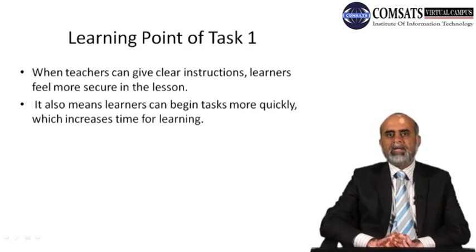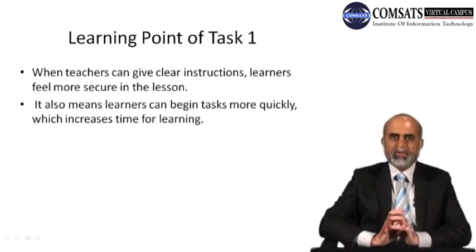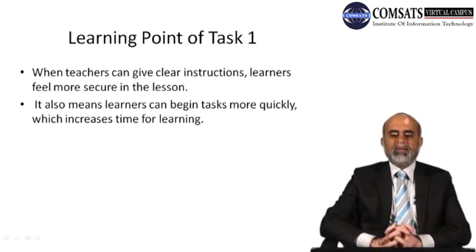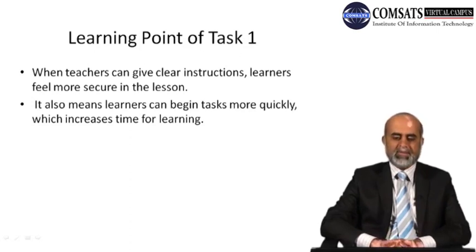So anytime I don't give clear instructions, you do feel insecure, don't you? So in order to make your learners feel secure in the class, you should give clear instructions. You should give them slowly, you should give them clearly, and you should make sure that your students are following you by asking them questions.